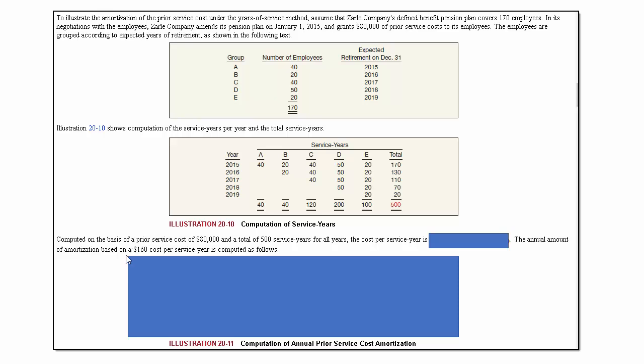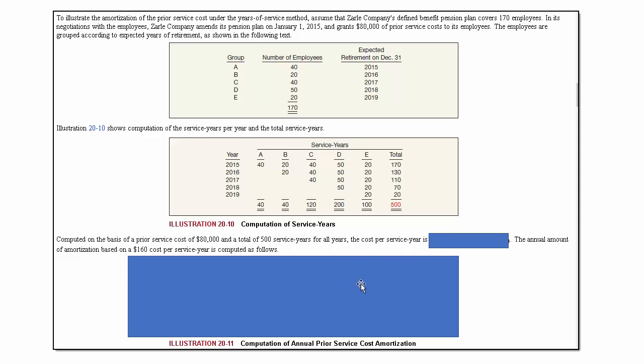And then we've got to do a calculation. It says computed on the basis of prior service cost of $80,000, a total of 500 service years, right? There's our 500 service years calculation. The $80,000 was given. We have to determine the cost per service year. Okay? Now, let me illustrate how you would do that.